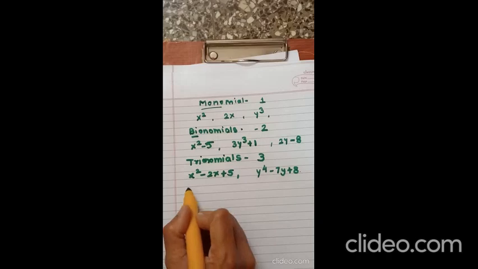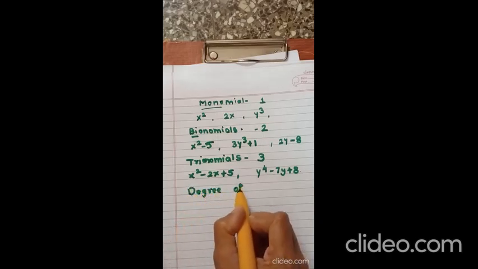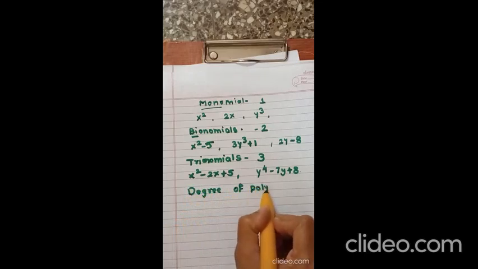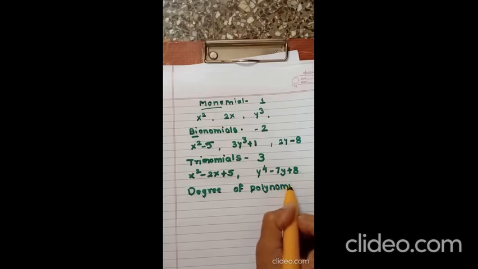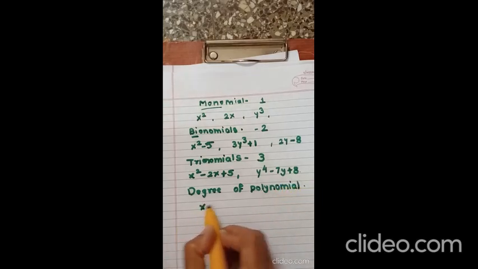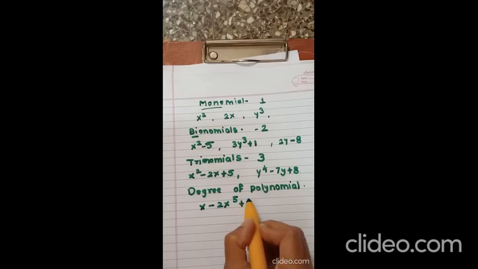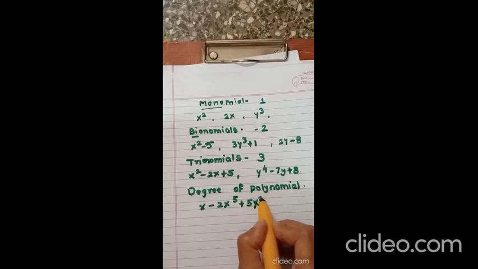So, see what is the degree of a polynomial. Consider the polynomial x minus 2x raised to 5 plus 5x square plus 8.